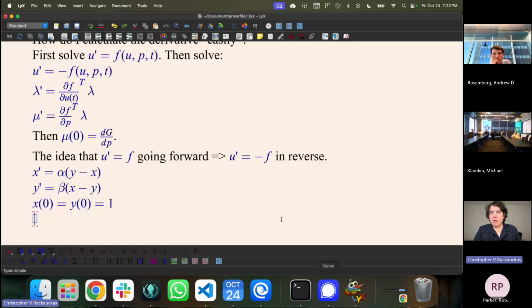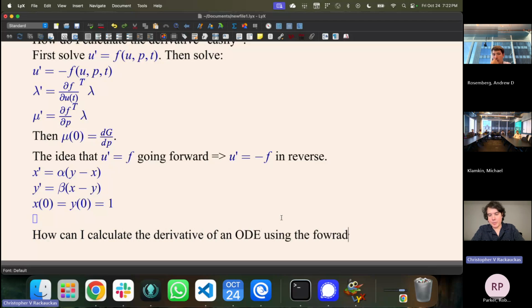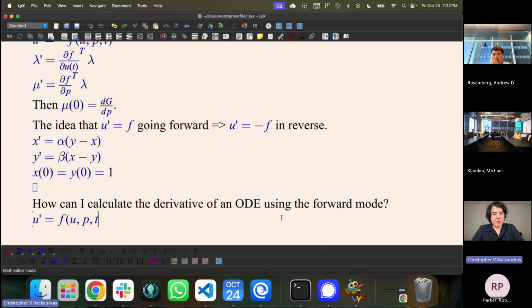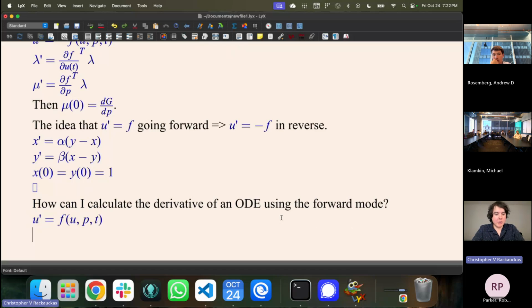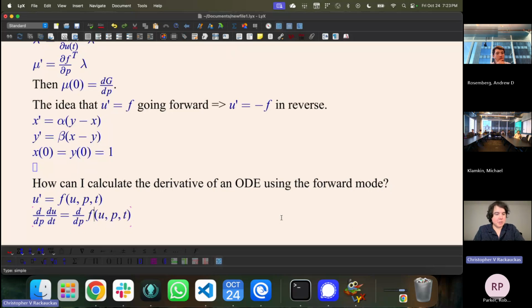It turns out that is very well motivated because, okay, how can I calculate the derivative of an ODE using the forward mode? If I take u prime equals f of u, p, t, then what I can do is take d/dp of both sides, so d/dp of du/dt is equal to d/dp of f of u, p, t.